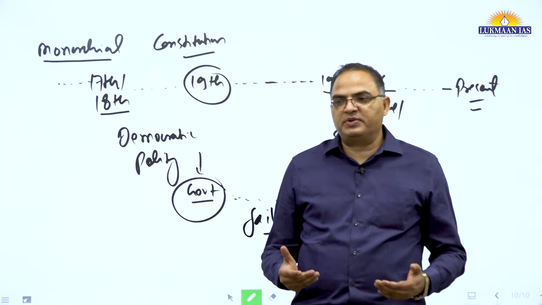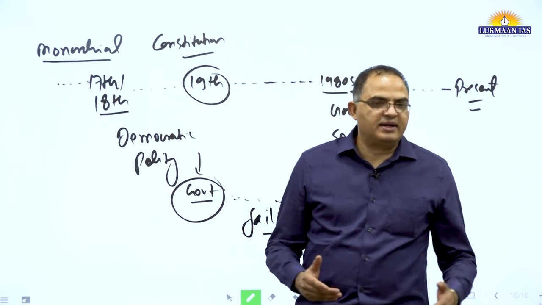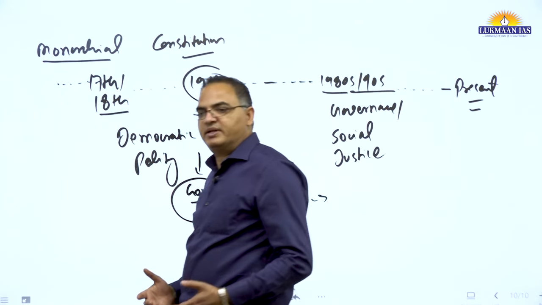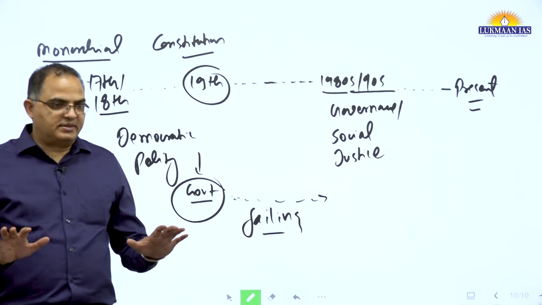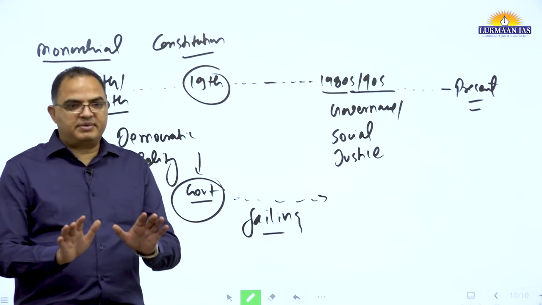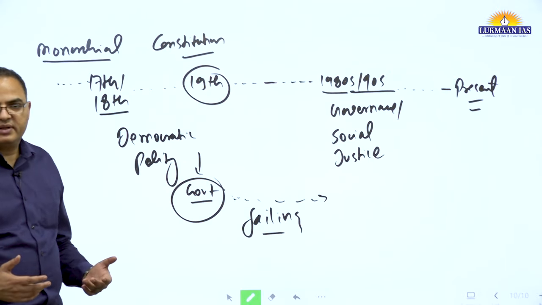All states will promise people, see, we will give you dignity of life. Dignity of life means you can say liberty, equality and freedom. That is how we can consider it. And that is how the process started in the 17th, 18th, 19th centuries and then further in the 20th century.